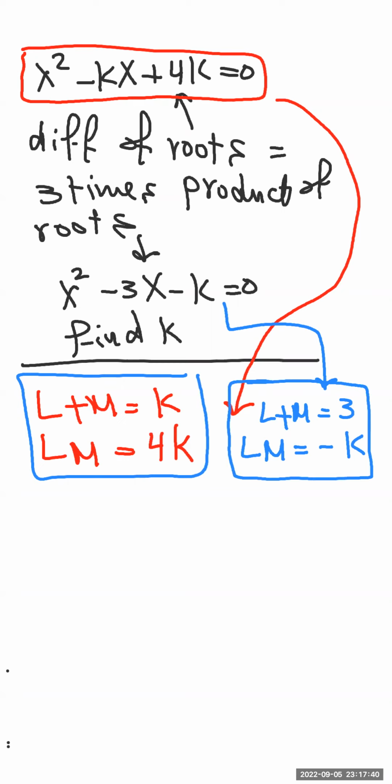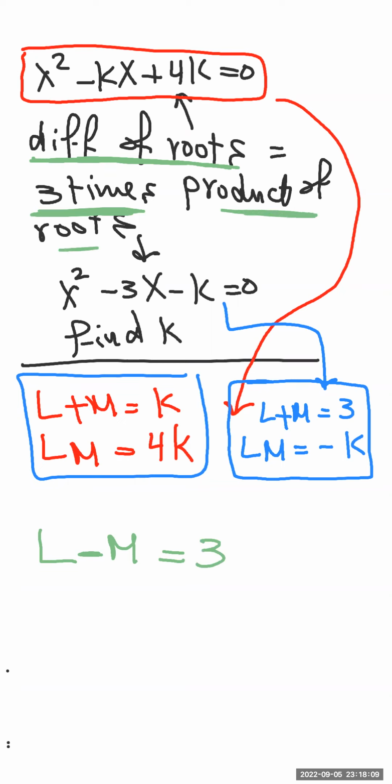So now, it's given in the question that the difference of the roots of the first equation, so L minus M, equals 3 times the product of the second one, negative k.